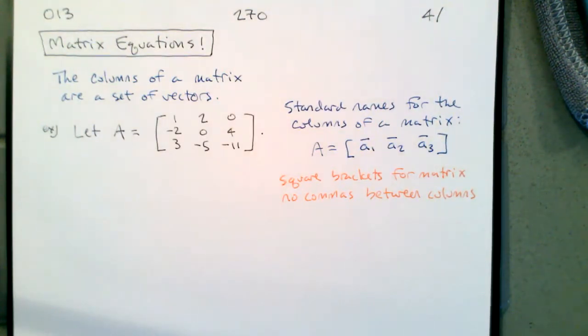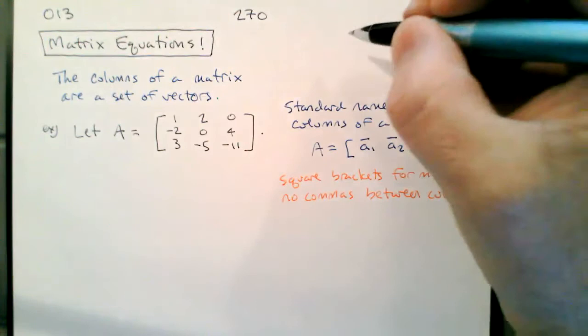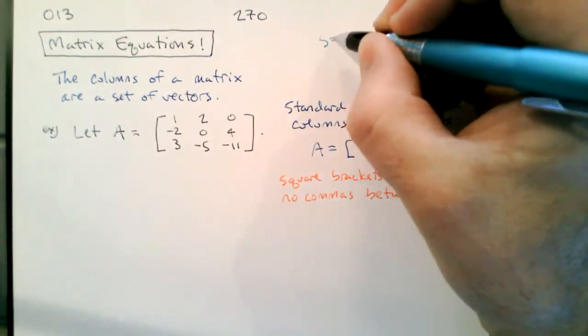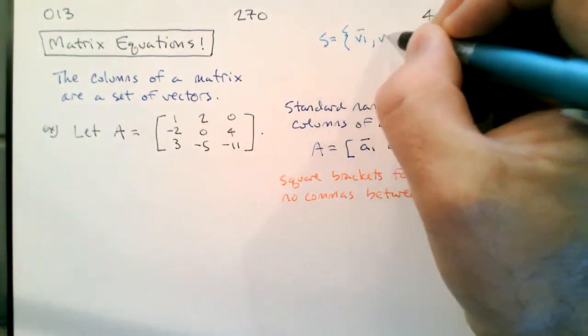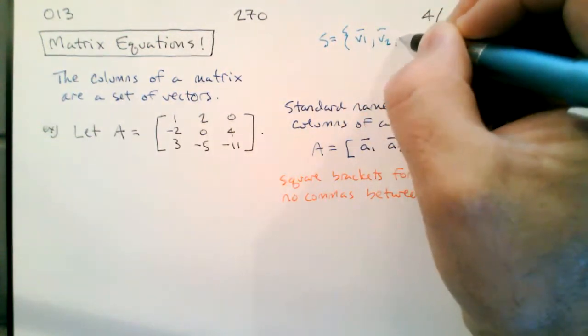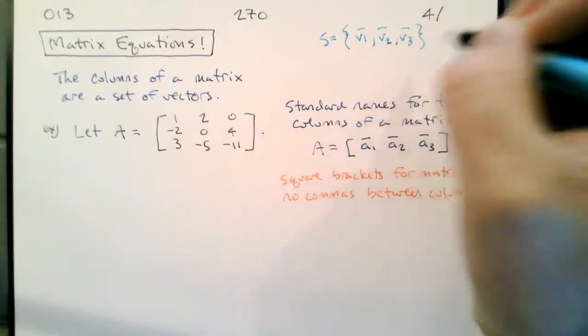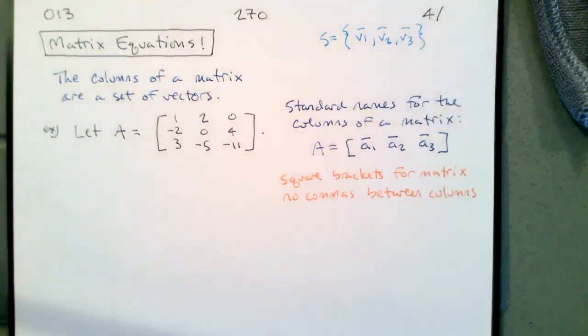So in the previous example, we had a set of vectors. So we had that set of vectors. Curly brackets for a set of vectors, commas between the vectors.